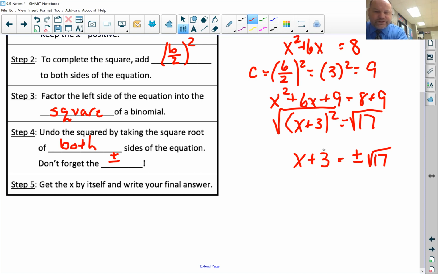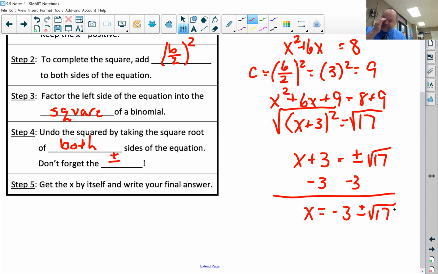So I want to get rid of this plus 3. I'm going to subtract 3 on both sides. And I can't combine the square root of 17 and the 3, so it's just going to have to be written as this expression.